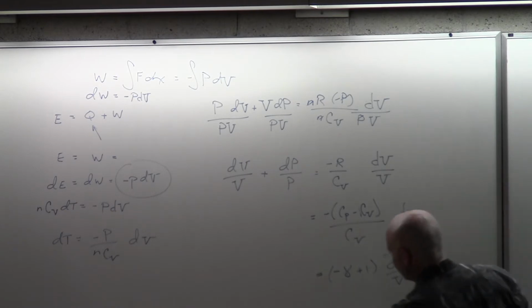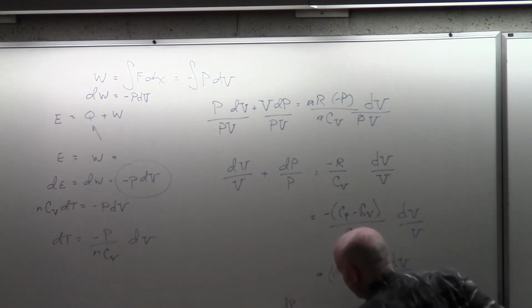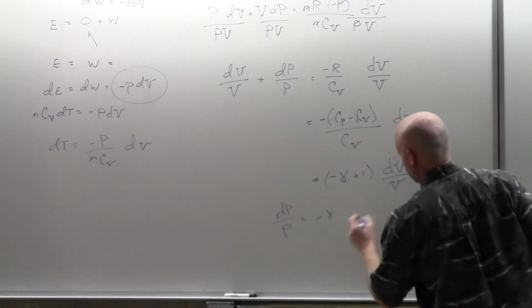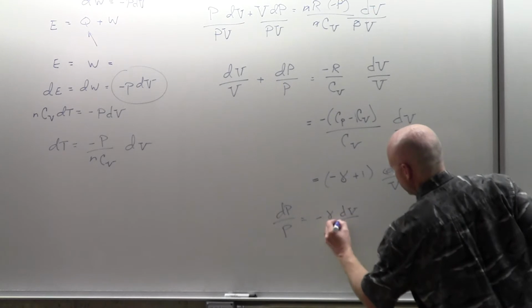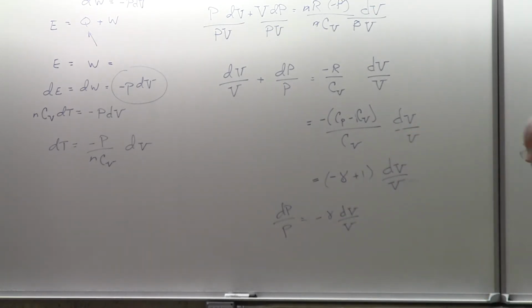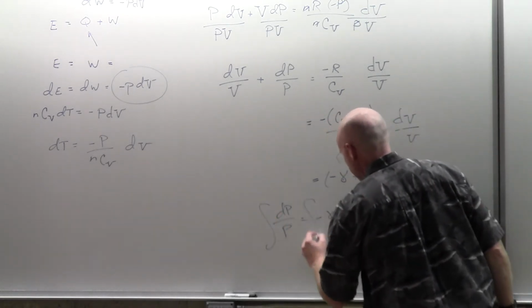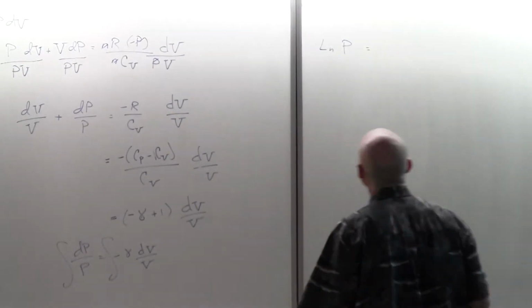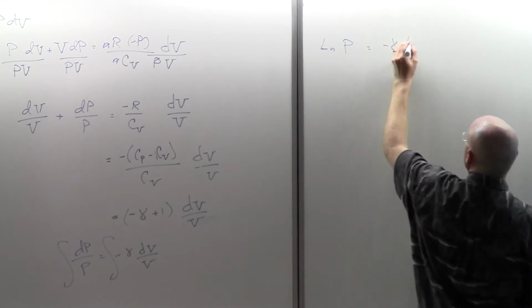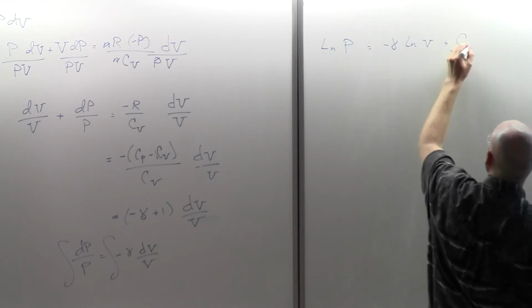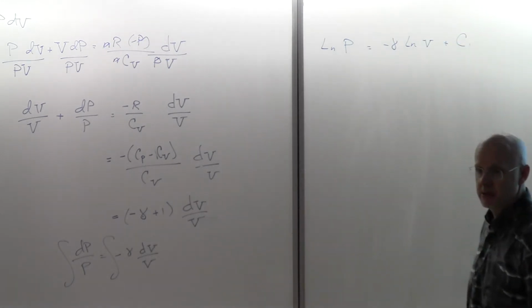So this becomes dP over P minus gamma dV over V. Now, when I integrate both sides, this becomes the natural log of P. This becomes a minus gamma times the natural log of V, and then you might say plus a constant of integration.